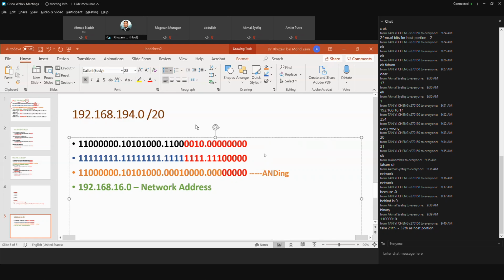Your subnet mask will become 255.255. How much? No, it's wrong, sorry. 16.